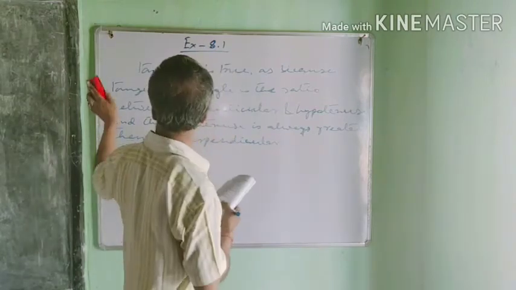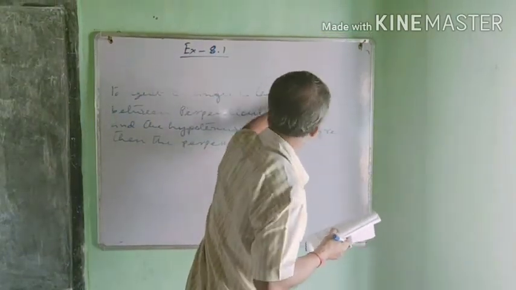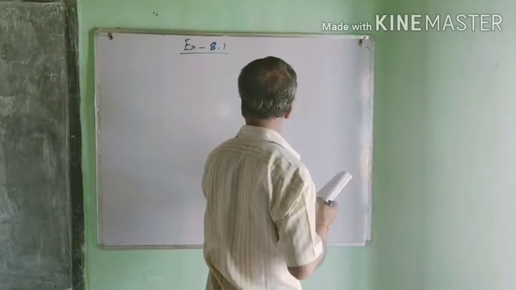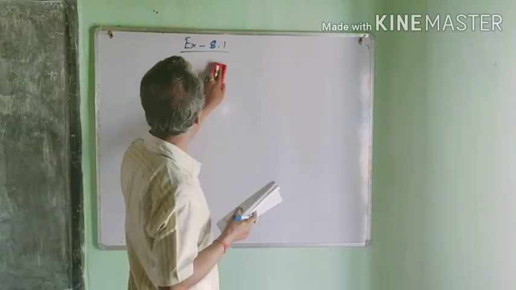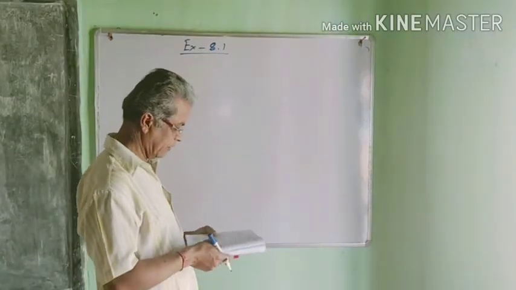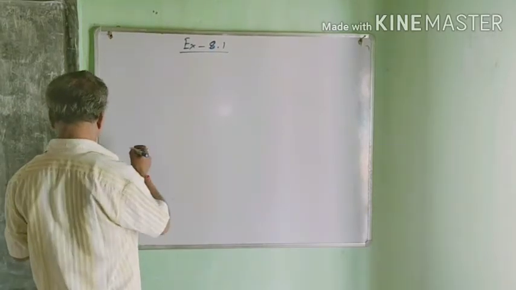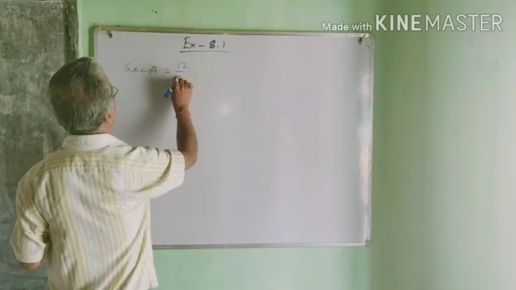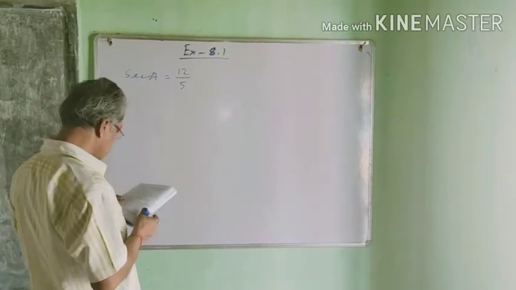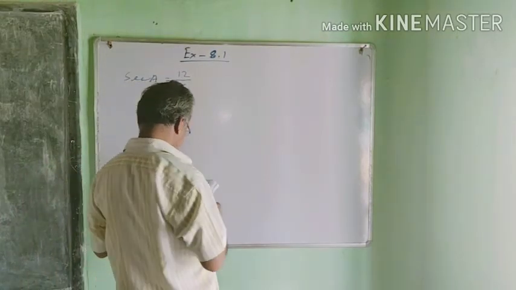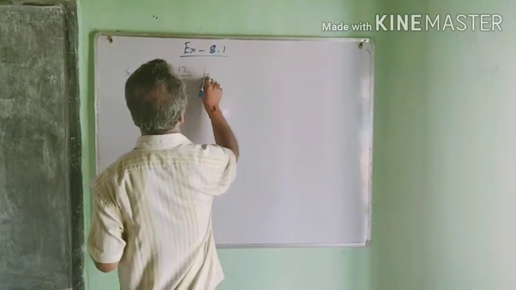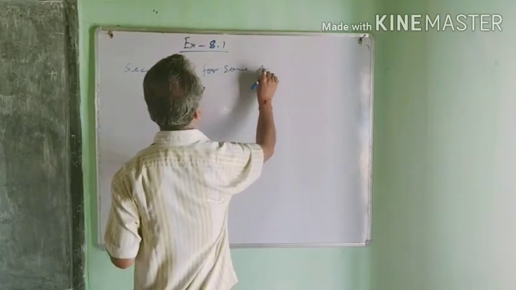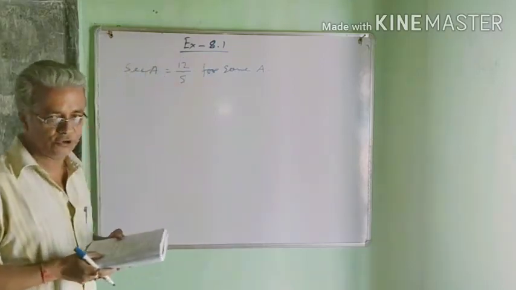Now come to the second one. They have given sec A is equal to 12 by 5, for some value of angle A, whether it is true or false.